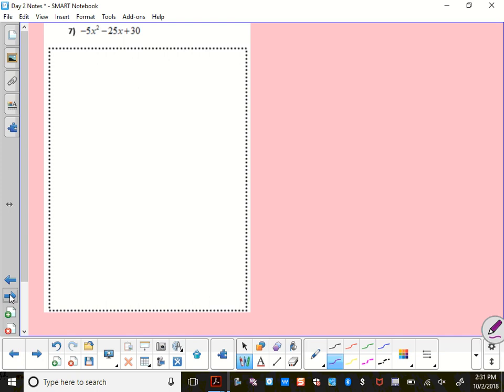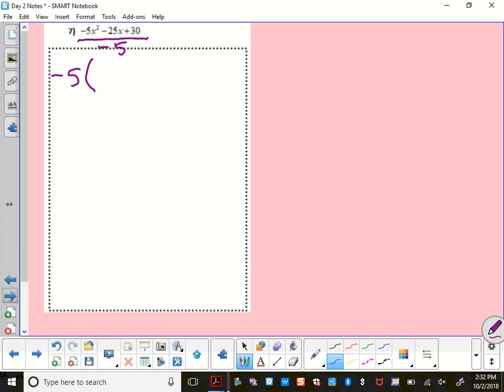On number 7, we have negative 5x squared, negative 25x, and 30. Do we have a GCF? Yes, what is it? 5. What kind of 5? Negative 5. If it ever leads with a negative, you have to bring that negative out. Okay? So, before we start, let's take out my GCF.